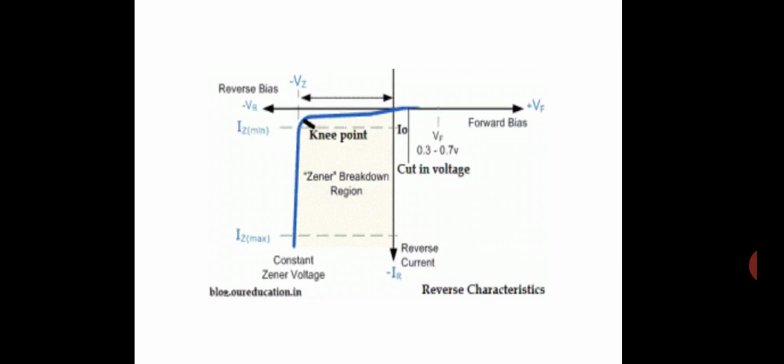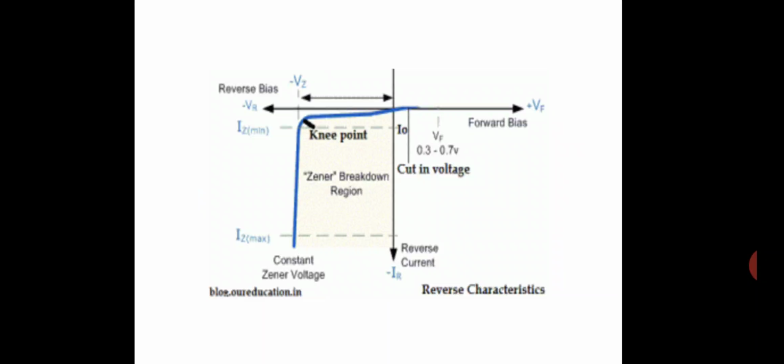This ability of the Zener diode to control itself can be used to great effect to regulate or stabilize a voltage source against supply or load variations.